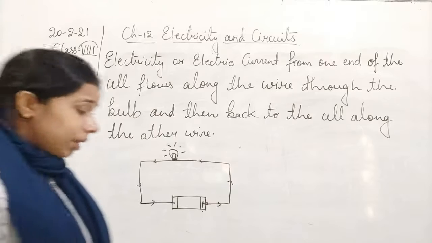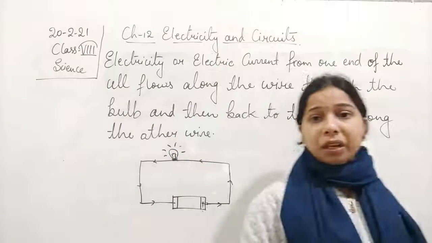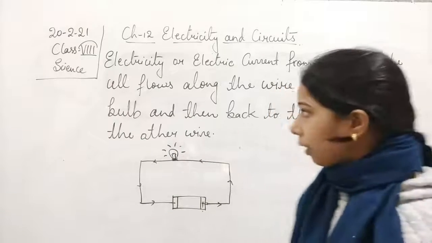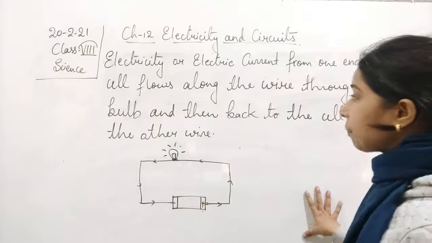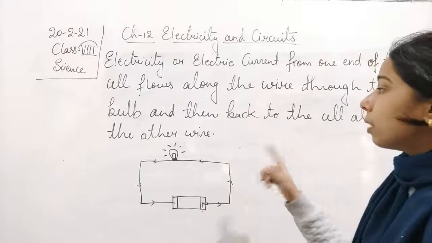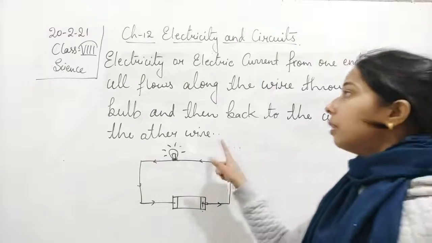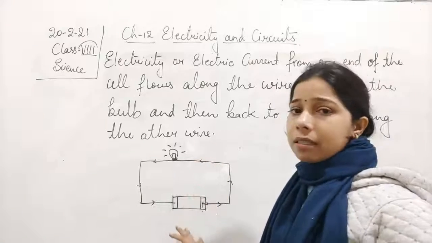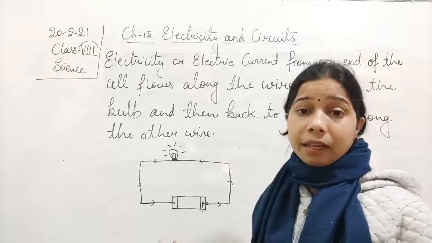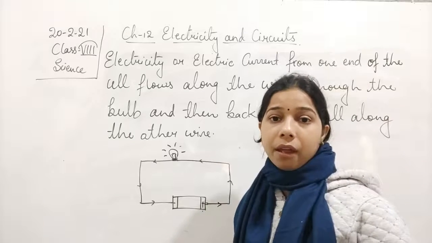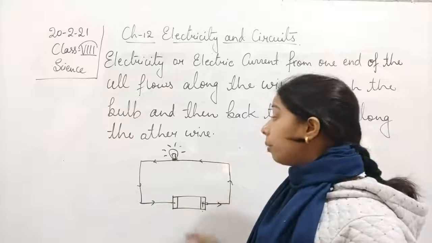So we can say that the electric current or electricity which is flowing through the wire reaches the bulb, and again it comes back to the cell along the other wire. This is very understandable, since the connecting wire helps connect the bulb to the torch.